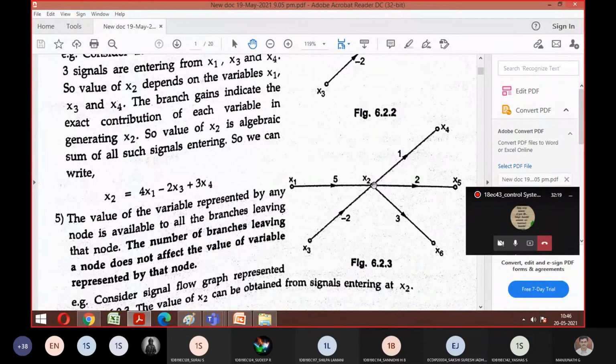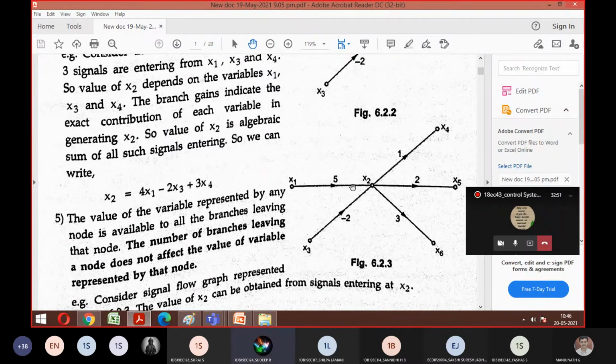So even if you take x2 as 2 signals entering according to this example, 5x1 minus 2x3 is what x2 equals. Once I write the formula for x4, x2 is what you already got, and that answer you substitute here. It doesn't mean that once it leaves this node, the variable is going to change. Am I clear now?